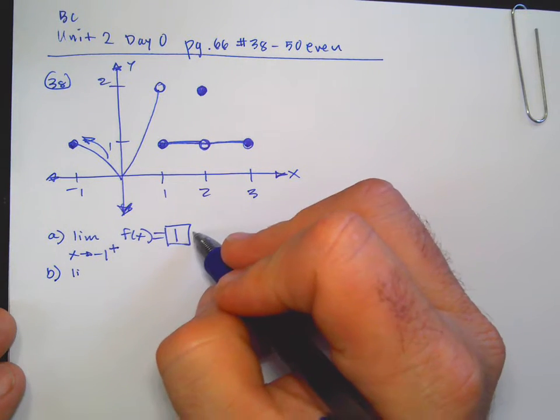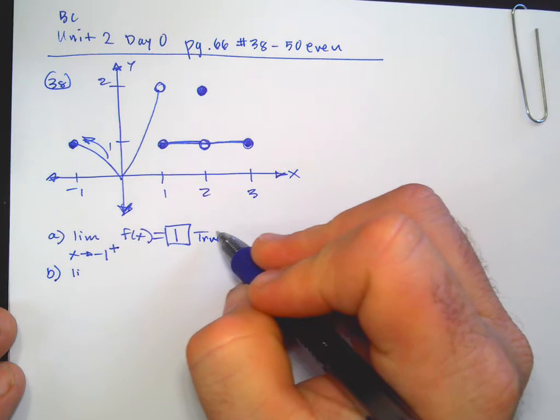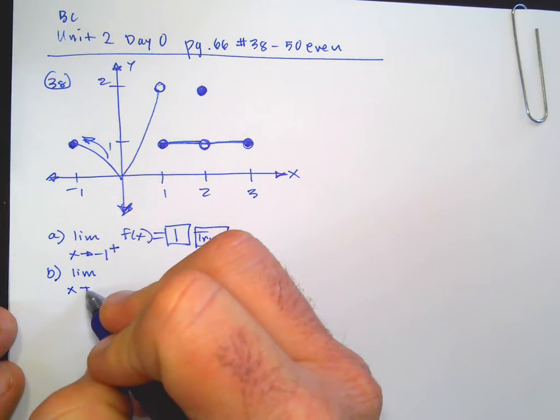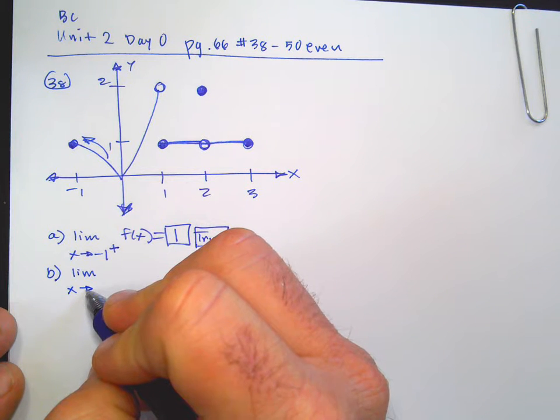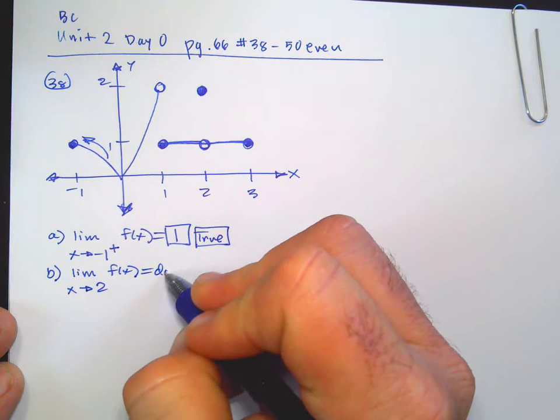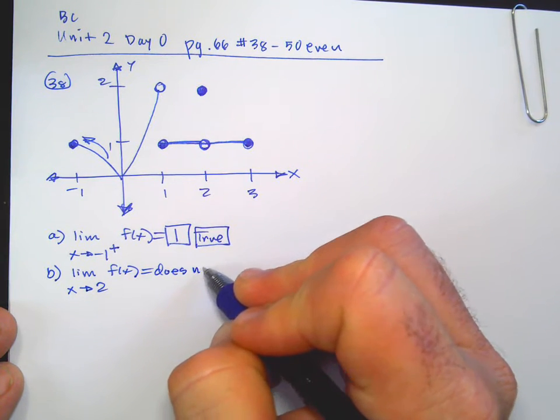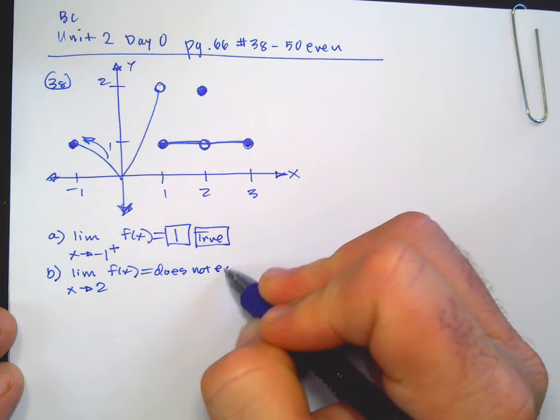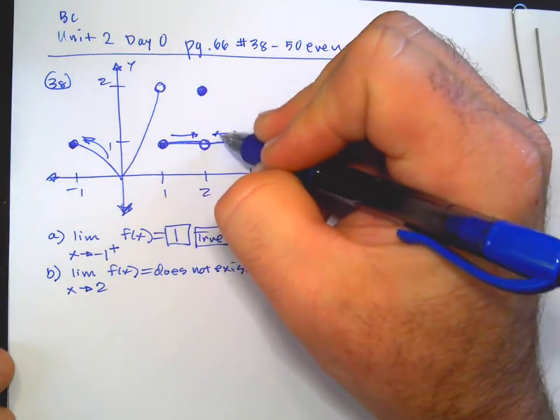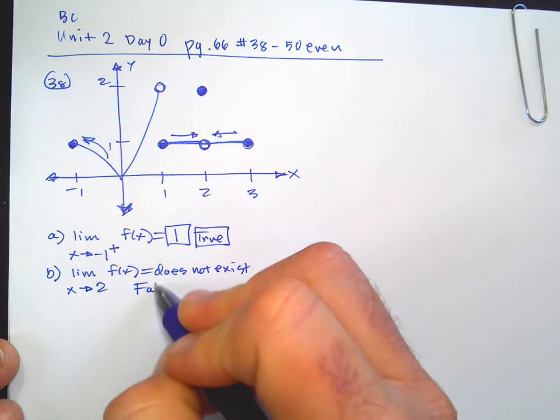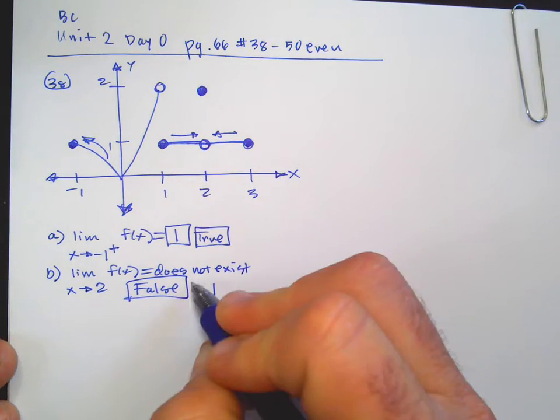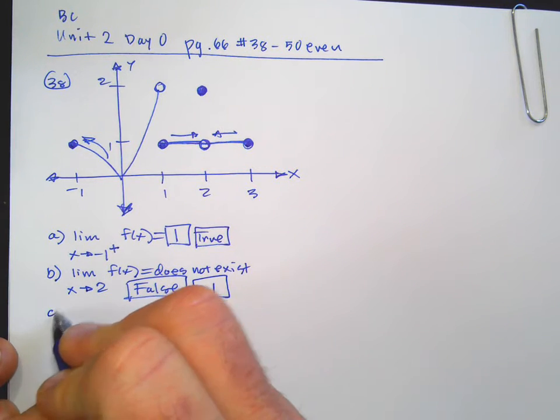So this is what they gave you, and it was true. So part B says limit as x approaches 2 of f of x does not exist. Well, from the left and right side of 2 the limit does exist. So this is false. I want you to tell me it's false, and I want you to fix it. It should be 1.